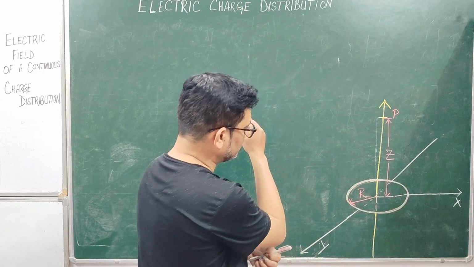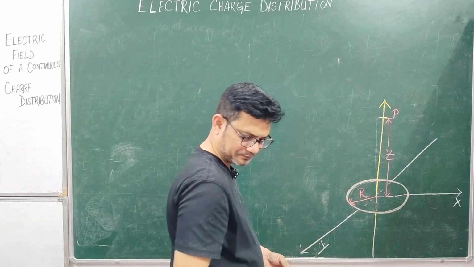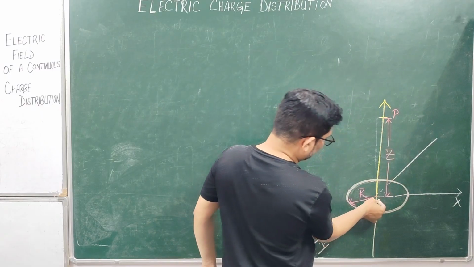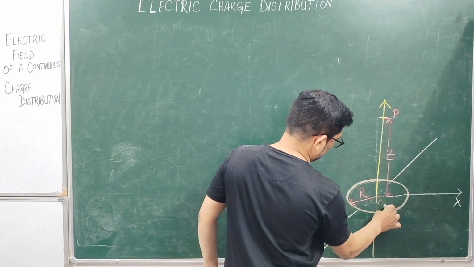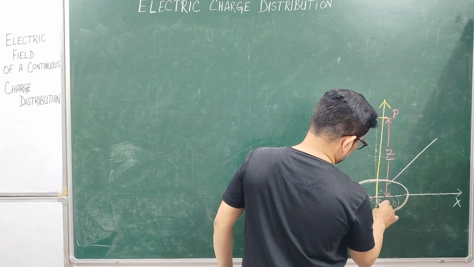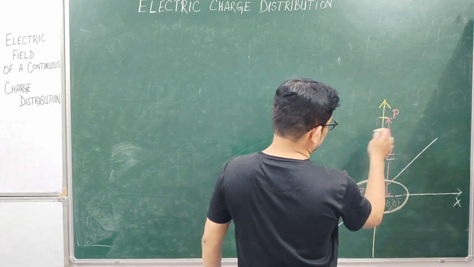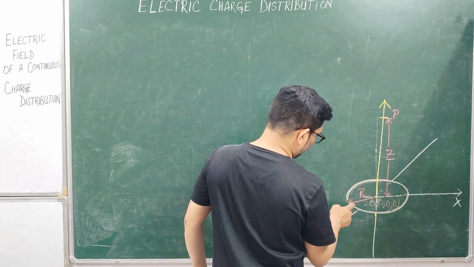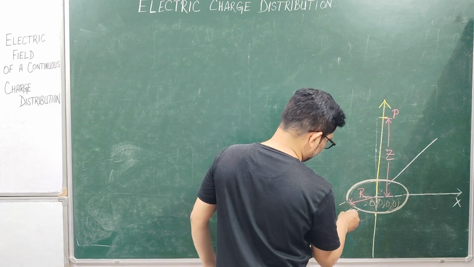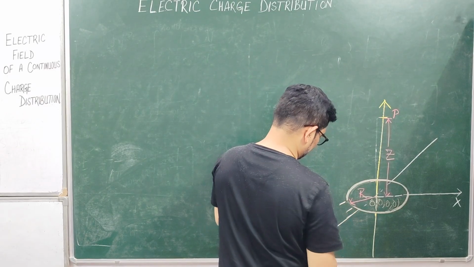So what we know until now is the radius of this ring is R, and the distance of P from this origin point 0, 0, 0, the origin is O, is Z. And somewhere here we'll denote the elemental portion of this ring that we have taken.